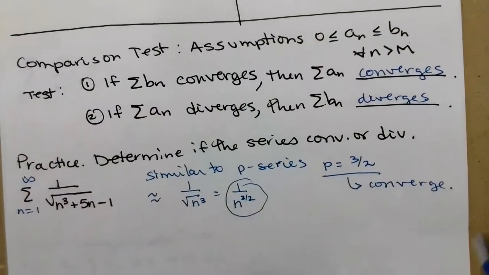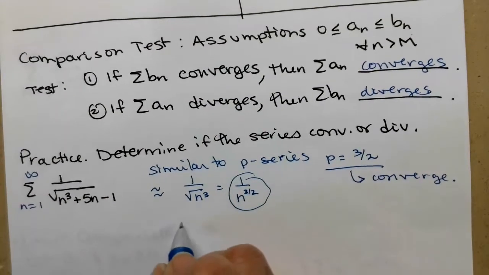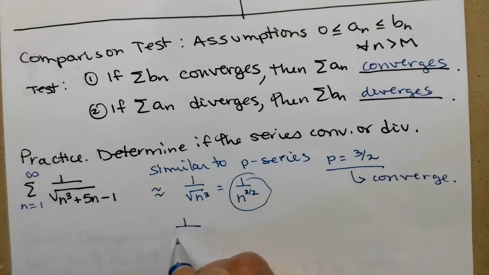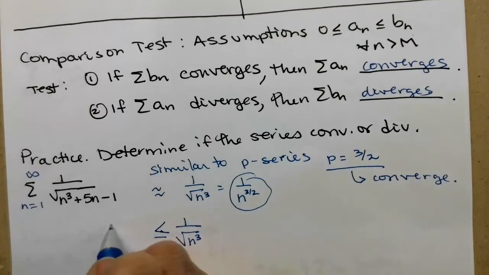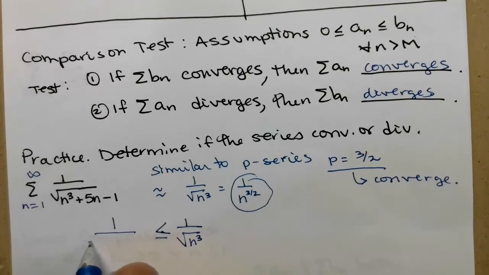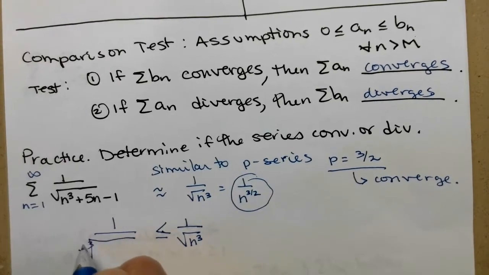So can I show that this series that I know, 1 over the square root of n cubed, is always, or at least always past a certain point, greater than or equal to the terms of this series that I don't know? Oh, I always put that cube there. So square root of n cubed plus 5n minus 1.